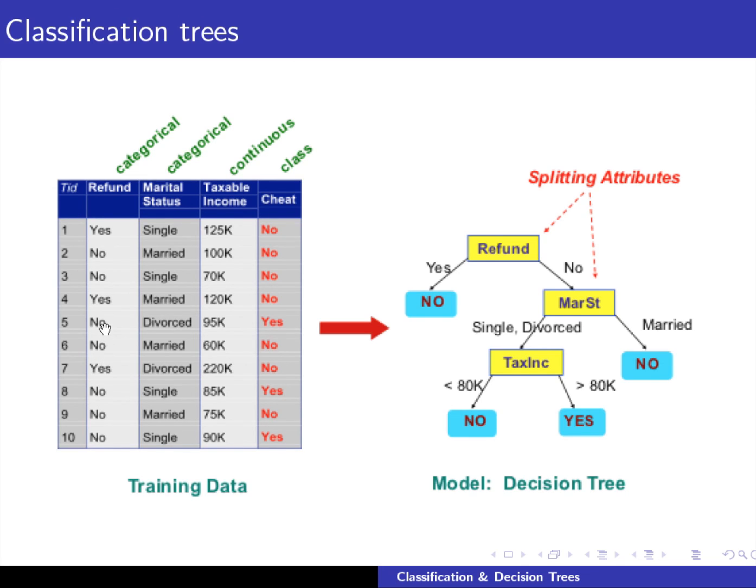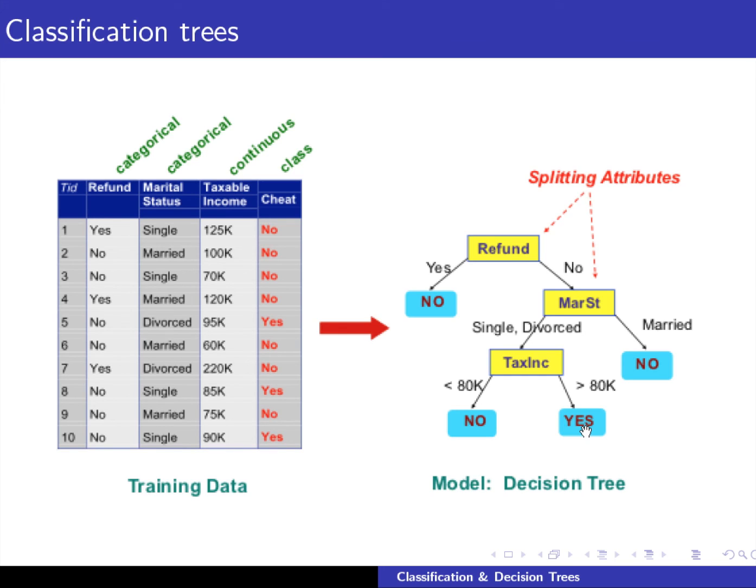No, married, no, divorced, 95K, that also comes out as yes, so that also matches our tree. No, single, 70K didn't cheat. So we're going to isolate this one, no, single, 70K, didn't cheat. And then the other one's greater than 80K. Yes, they did cheat. Okay, so we built the tree, basically.